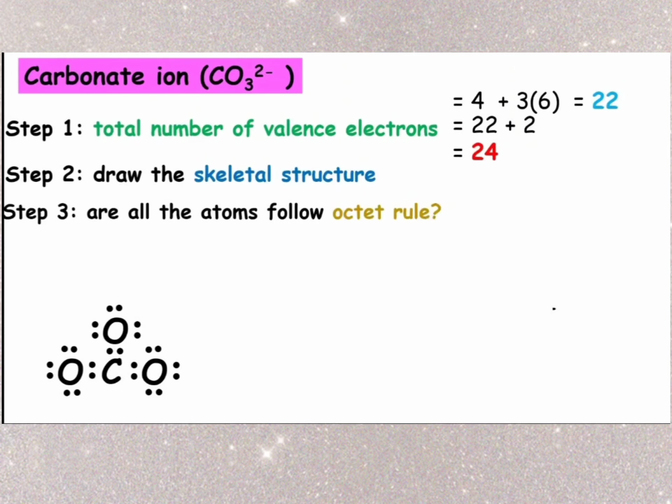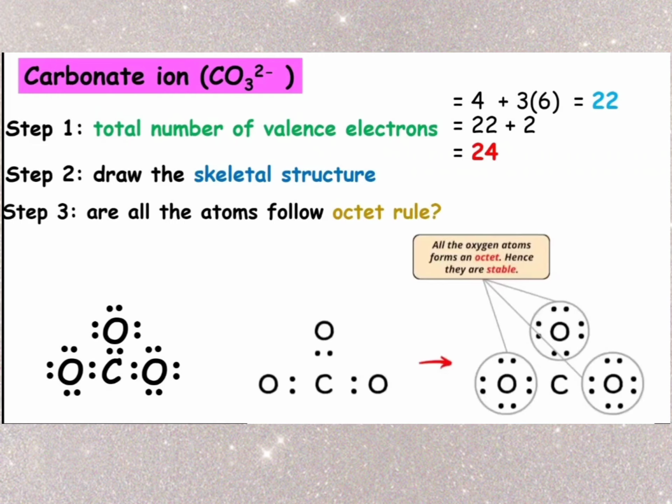Then step 3. 2 electrons are shared between the carbon and each of the 3 oxygen atoms, which we refer to as single bonds. Now you have to complete the octet on the oxygen atoms, and you can see in the diagram that all the oxygen atoms form an octet.